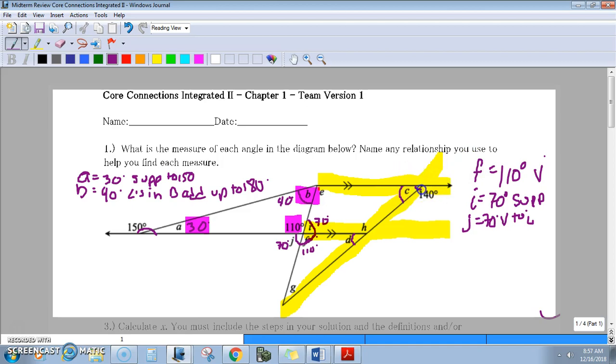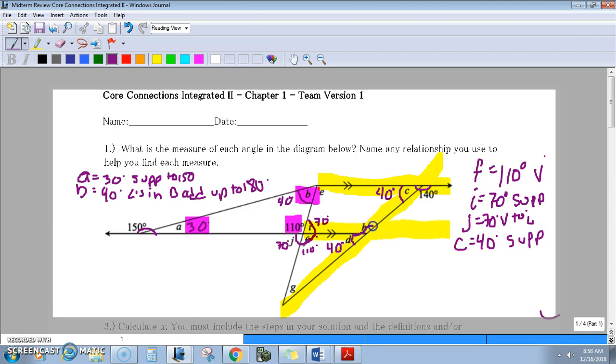And I know that C and 140 are supplementary, so C must be 40 degrees. So C is 40 degrees because supplementary to 140. And if C is 40 degrees, that means D is 40 degrees.